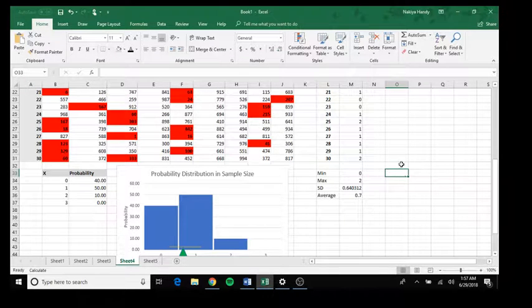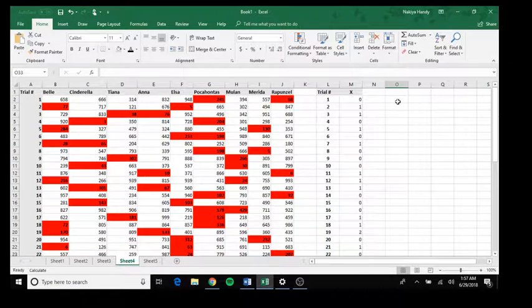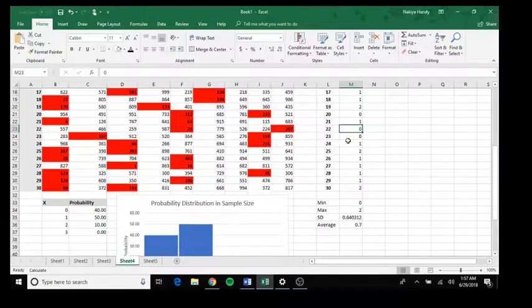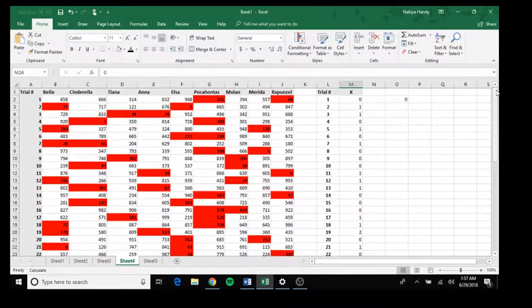So out of 30 simulations, for 0, I have 1, 2, 3, 4, 5, 6, 7, 8, 9, 10, 11, 12 trials, 12 outcomes for 0.